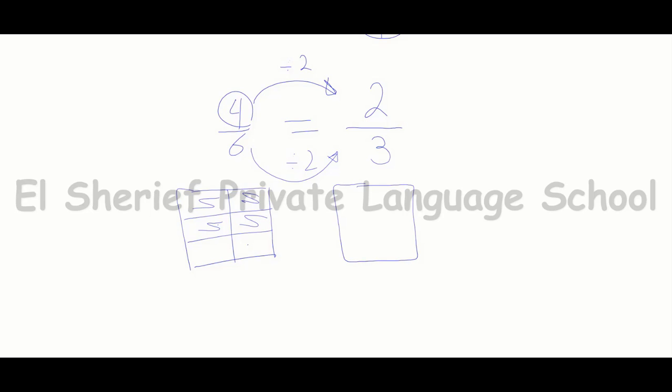I have the same rectangle with the same sides, but I divide it into 3 equal parts, and we colored 2 parts. Okay, we will get the same colored part, like this.